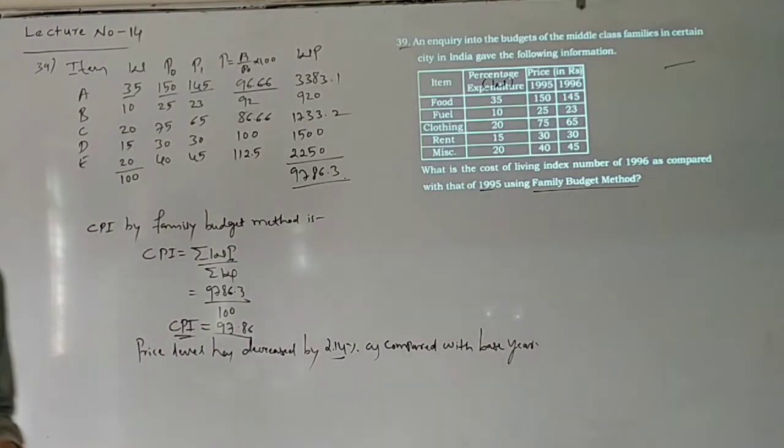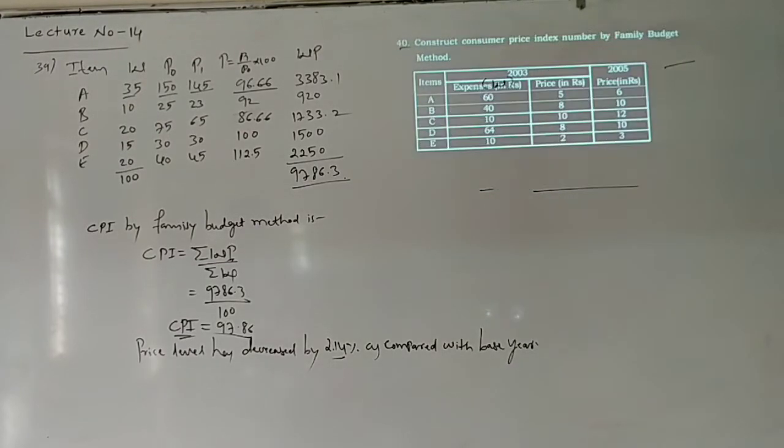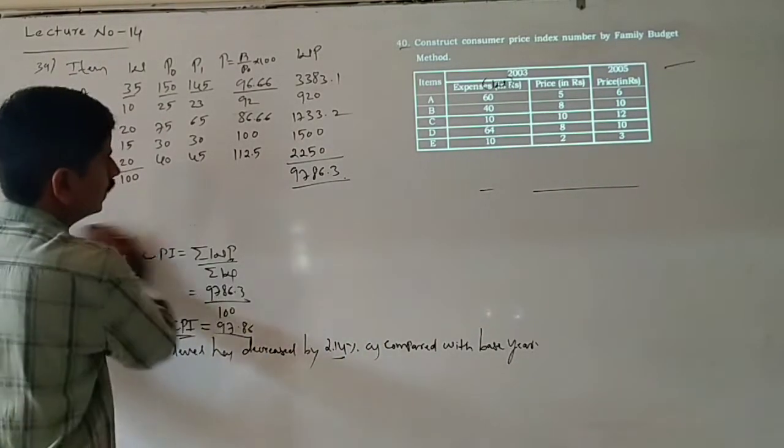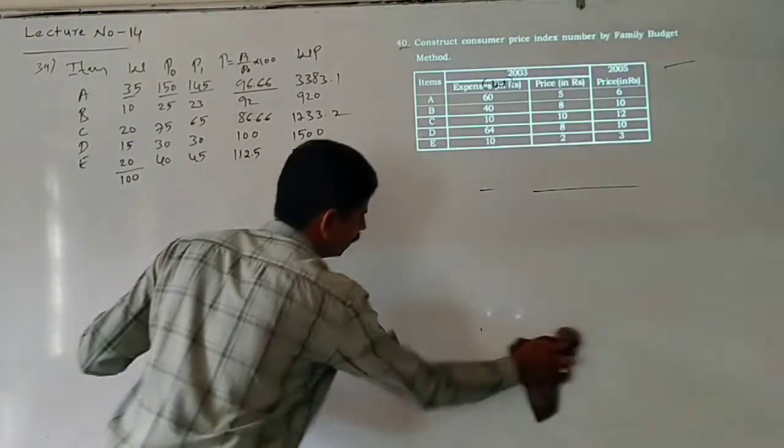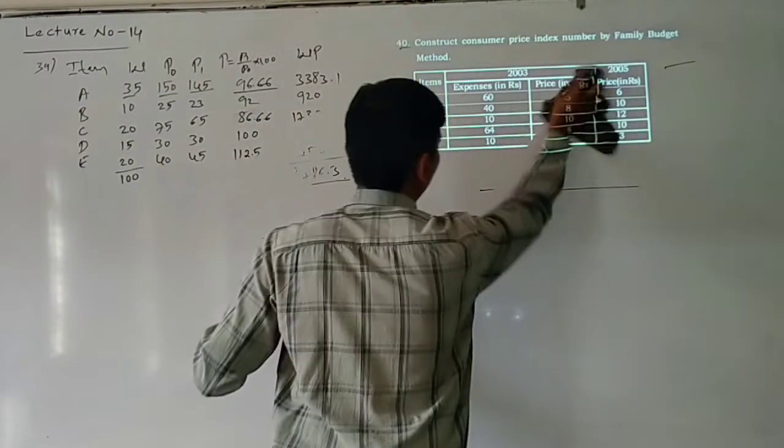That is about the 39th problem. Okay, the next problem number 40. Construct consumer price index number by family budget method.